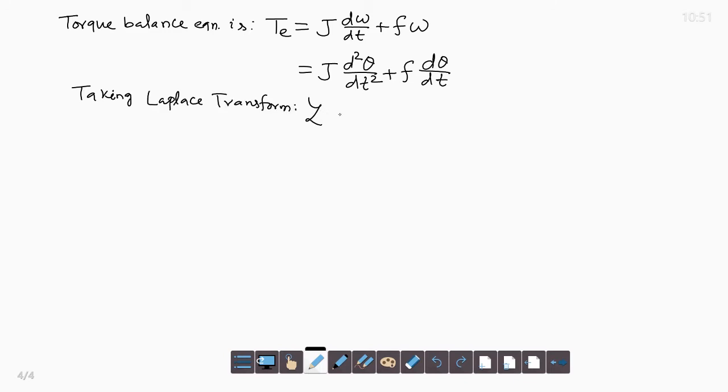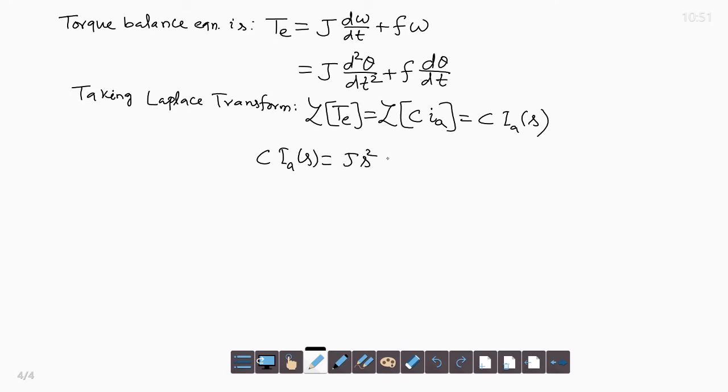Taking Laplace transform of this equation, Laplace transform of TE is C into IA(S). So, we have C into IA(S) equals J S square theta(S) plus F S theta(S).